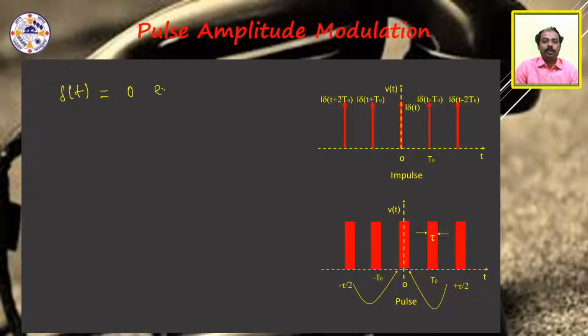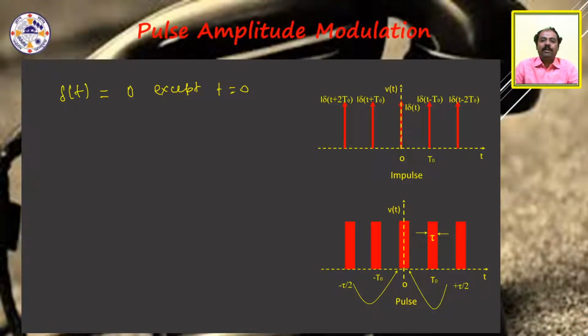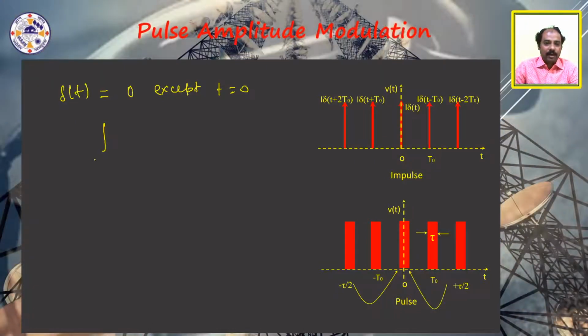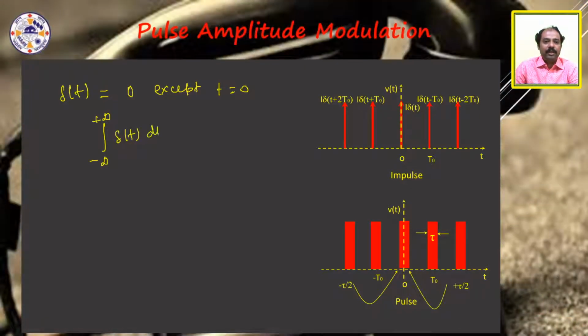This is equal to 0 except at t equals 0. As you can see from the figure, except at t equals 0, the function is equal to 0, and at t equals 0 it has a value. Theoretically, the area under the curve from minus infinity to plus infinity, which is the ideal definition of the Dirac delta function, integral of delta t dt, is equal to 1.